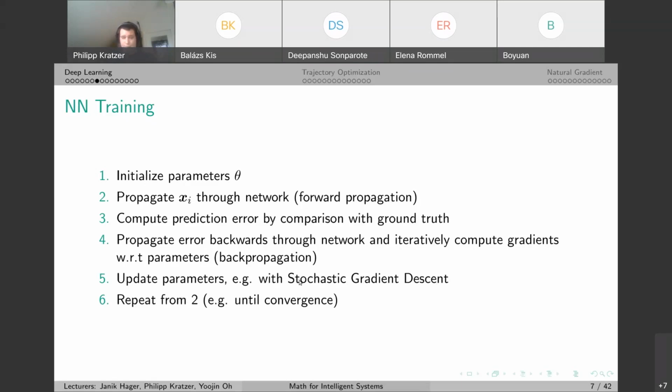Stochastic just means here that we use a stochastic subset, a batch of the input data, and you just do gradient descent on a subset of the data, and then we repeat this multiple times until convergence, or until a maximum iteration count is reached, or we don't have any more computation time or don't want to spend more computation power.